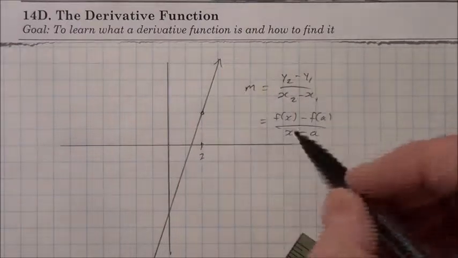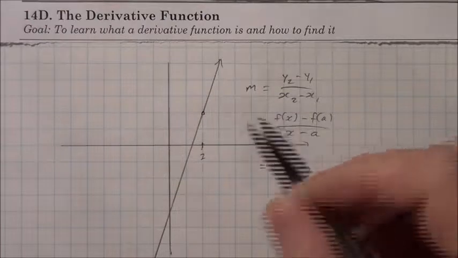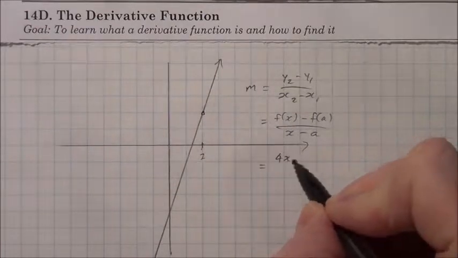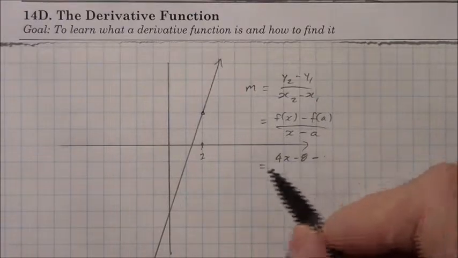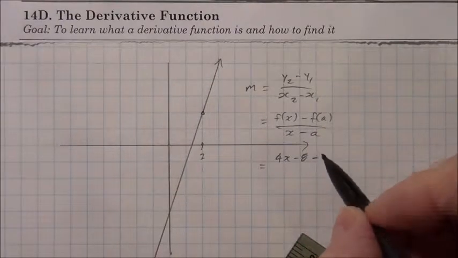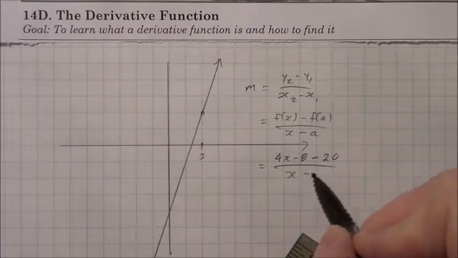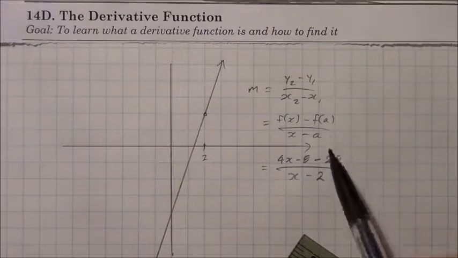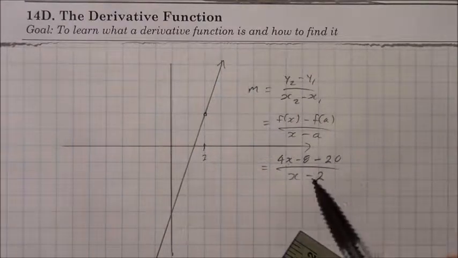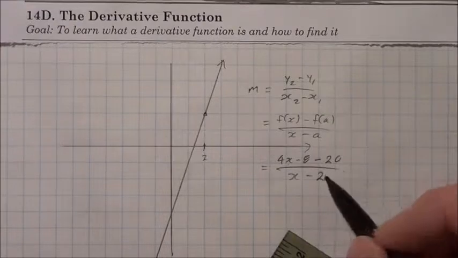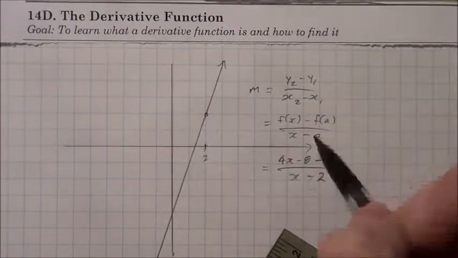In this case x was 2, so we ended up doing, I forget what the function was, I think it was something like 4x minus 8 minus something, and then x minus 2. I don't think that's right. 8 minus 8 would give us 0, so that's probably not what it was. But anyways, we had some sort of a function here, and we had a certain point.